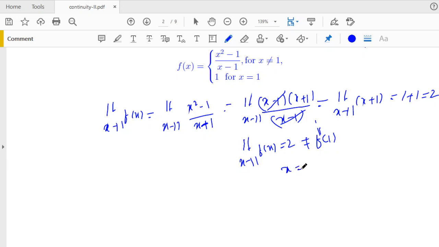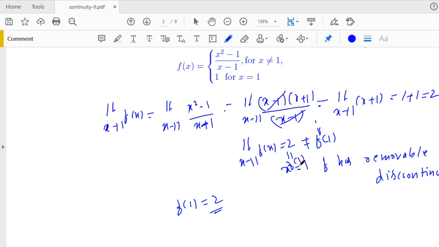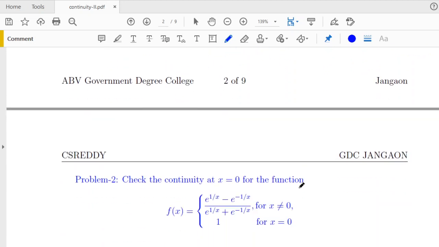Therefore, at x equal to 1, f has a removable discontinuity. If we define f(1) equal to 2, then the function becomes continuous. Therefore, this is called a removable discontinuity.